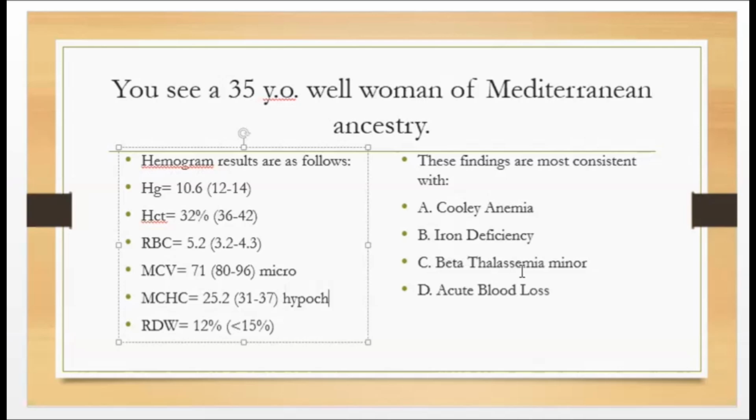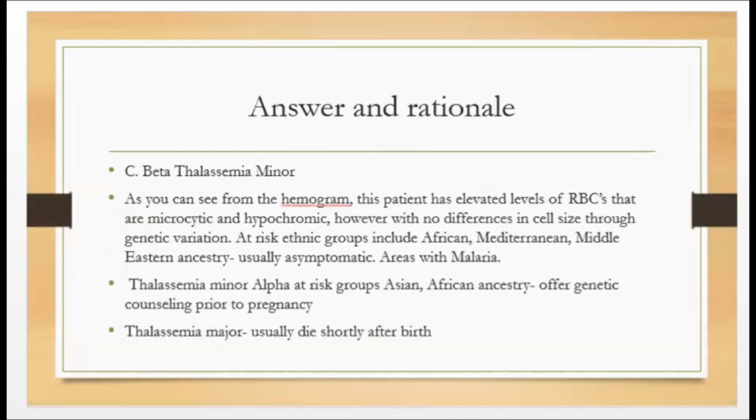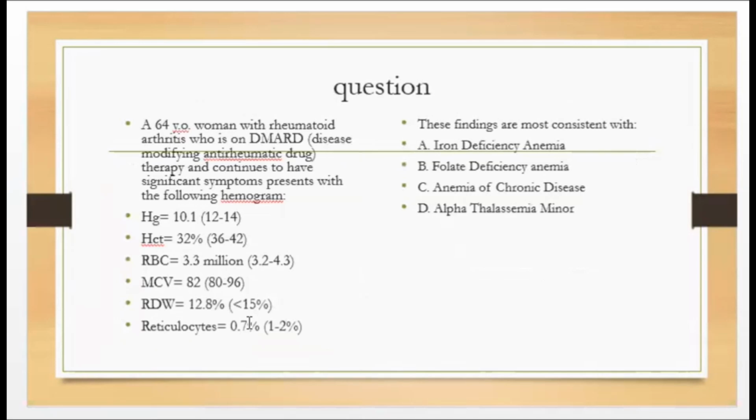Alpha thalassemia is your Asian descent. Beta thalassemia is your black descent, B for black, Mediterranean, Greek. Okay? So if you say C, you are correct. So beta thalassemia, okay? Then look at another question.